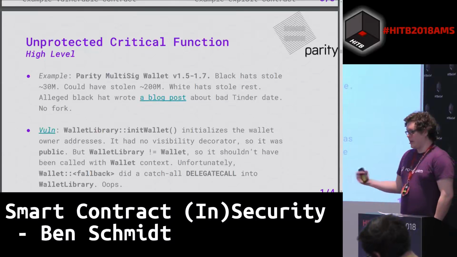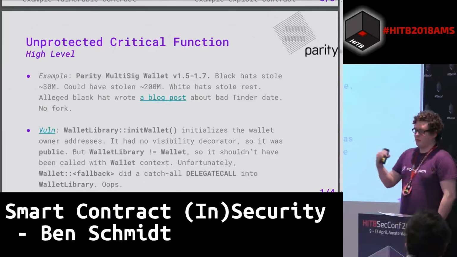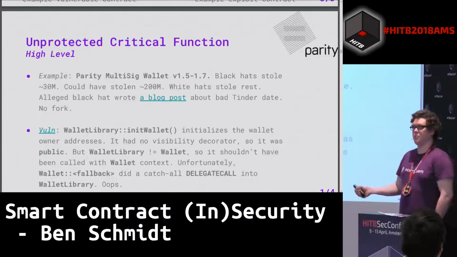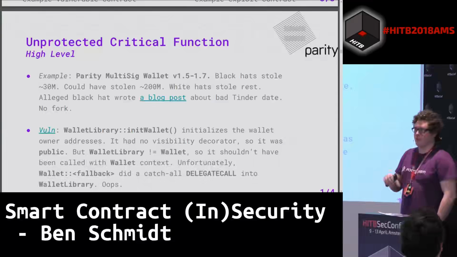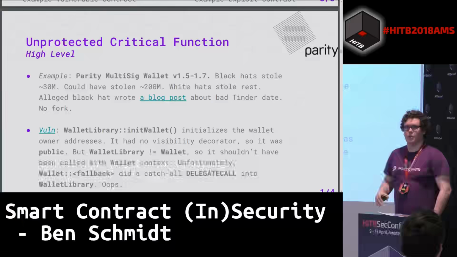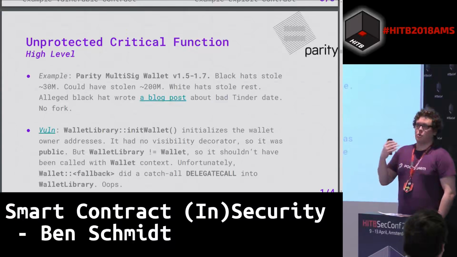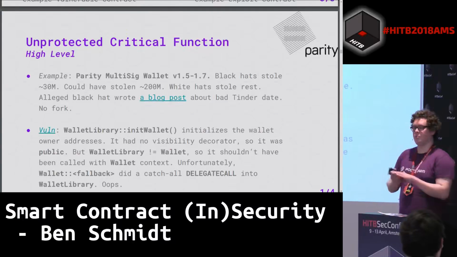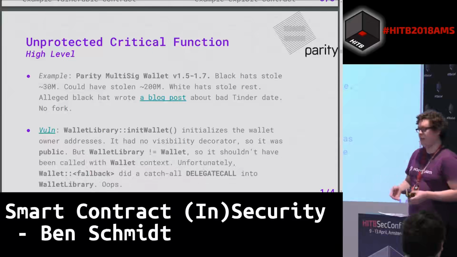So the problem was that in addition to that delegate call issue that allowed you to call anything in that library, there was also an unprotected function called initWallet that initializes the wallet and sets all the owners of the contract. Correctly, it was supposed to limit withdrawals only if enough people signed off on that given withdrawal, the way a correct multi-signature wallet should.